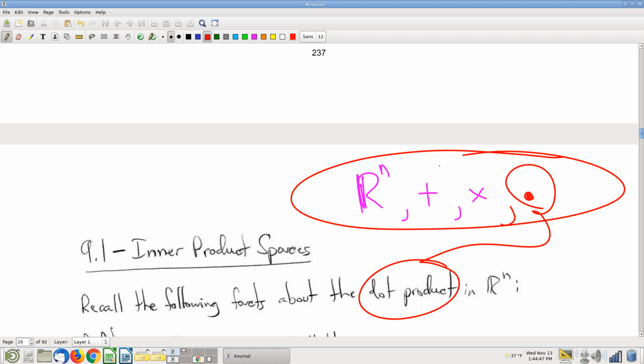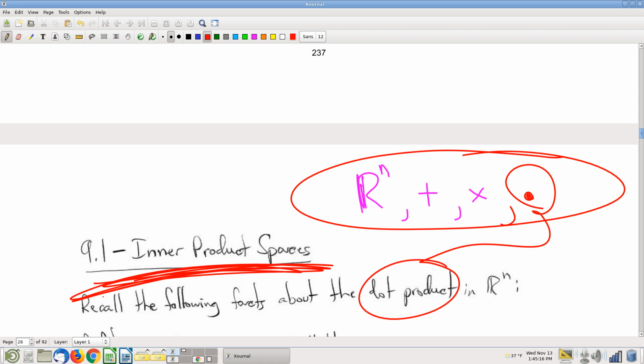Maybe generalizing on this concept would lead to useful things. And it's going to turn out that it does. It leads to some extremely powerful results. So anyway, that's the big idea. We're leading up to a definition of something called an inner product space. It's a vector space, namely, it behaves like Rn with addition and scalar multiplication.